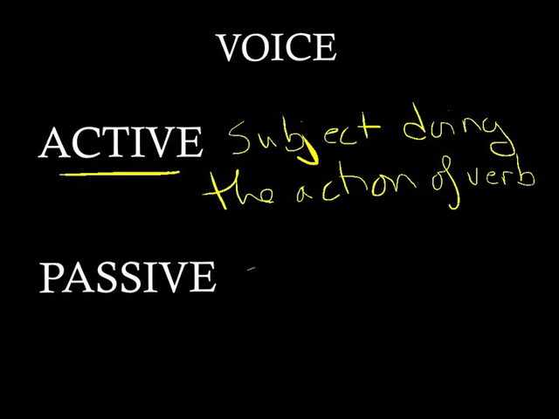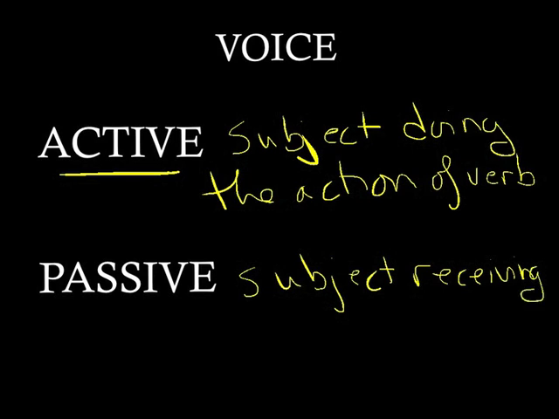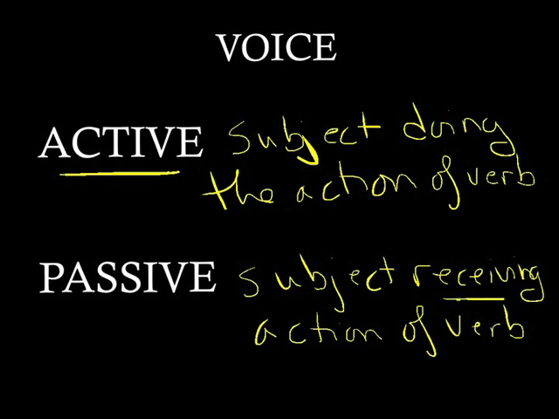The passive is the subject is receiving the action of the verb. So that would be, I was hit by the ball. So I hit the ball, I'm doing the hitting; I was hit, I'm being hit by the ball, I'm no longer doing the hitting, I'm receiving that action. I see versus I am seen.